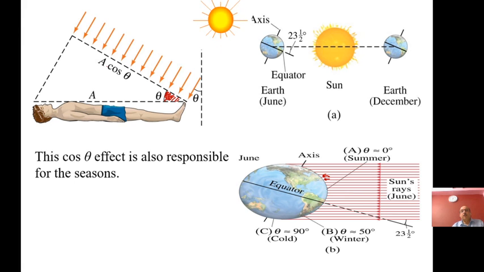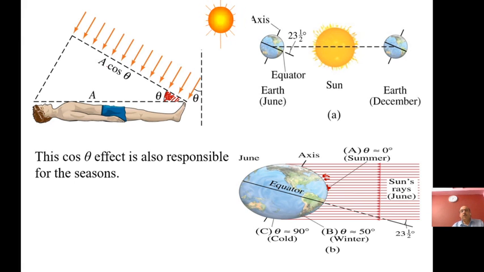Hence, the northern hemisphere will get a summer season. Because theta is 0 here, if theta is 0, the cos theta will be maximum. So the heat radiation will fall maximum on this part of the earth.